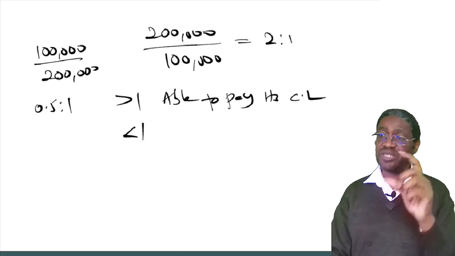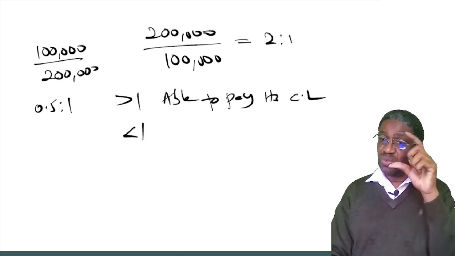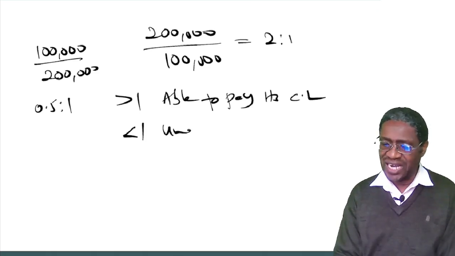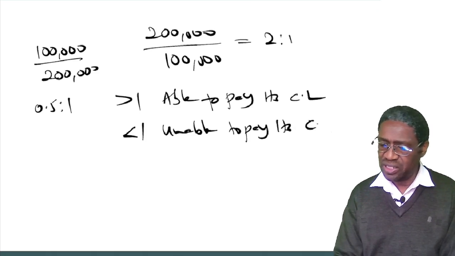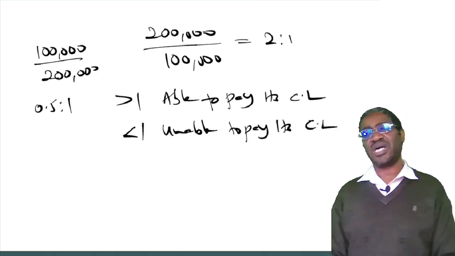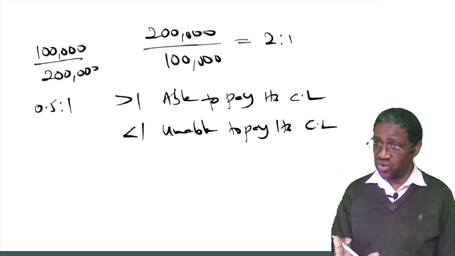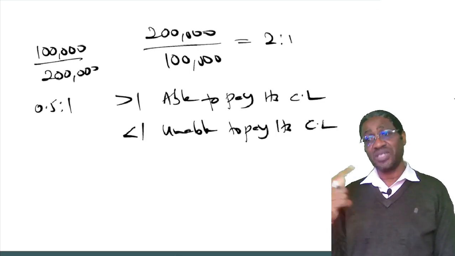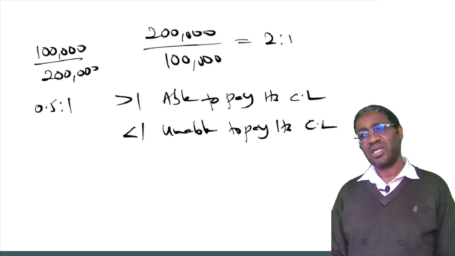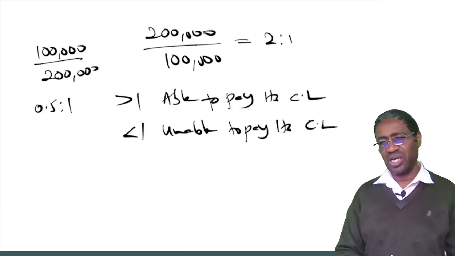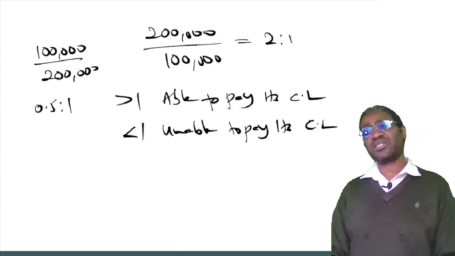So we say if the ratio is greater than 1, then the firm is able to pay its current liabilities, and any ratio less than 1 means that the firm is unable to pay its current liabilities.